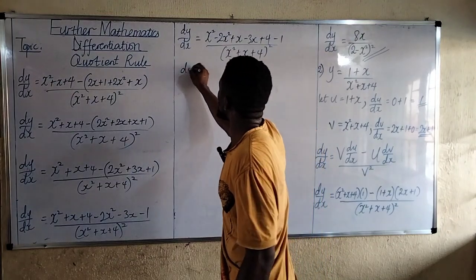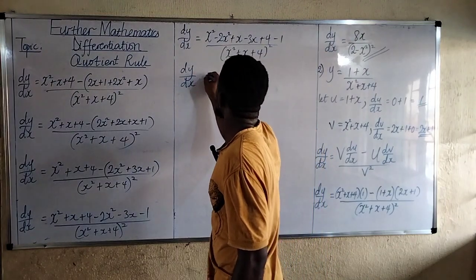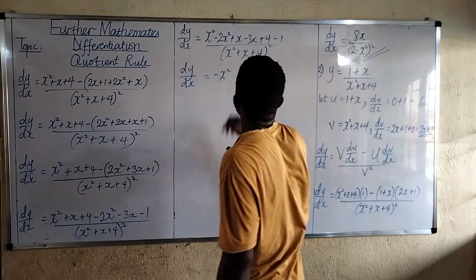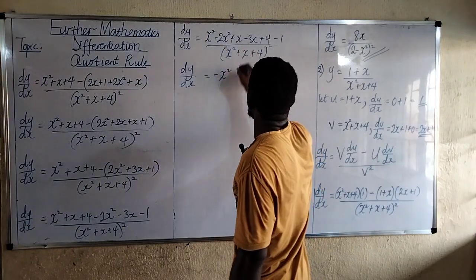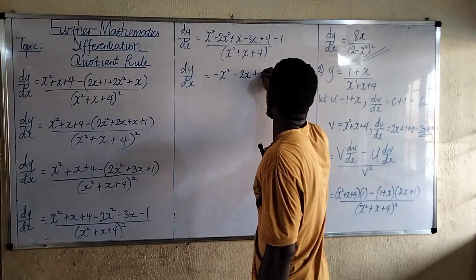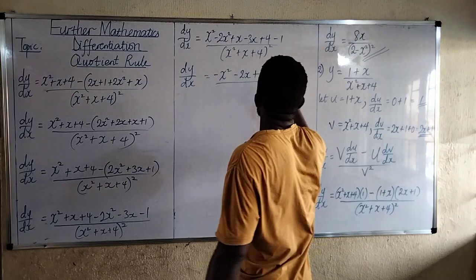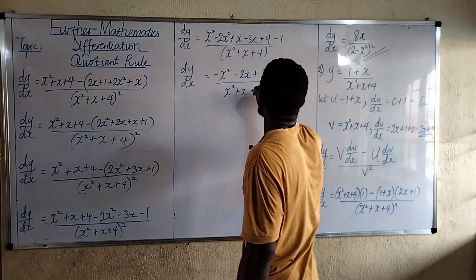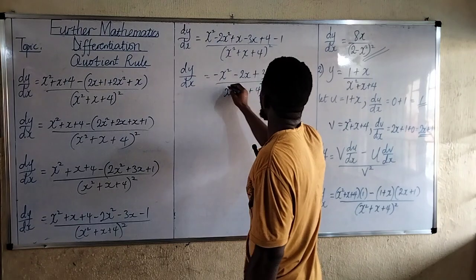So we have our dy over dx to be x, minus x squared, minus 2x, plus 3, all over x squared plus x plus 4, all raised to power 2.